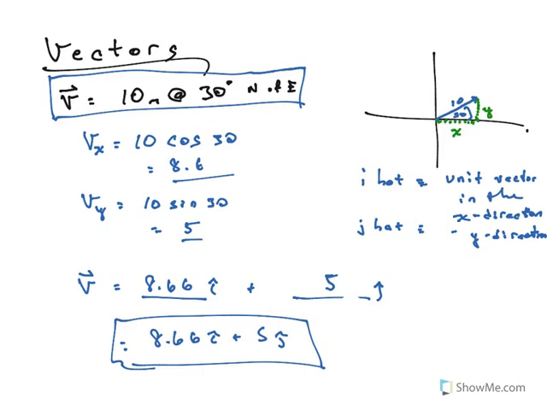Now this is useful for normal vector algebra because, like I said, if I want to add two vectors together, let's say I have vector A, let's not use A, let's use C in the I hat direction plus D in the J hat direction.